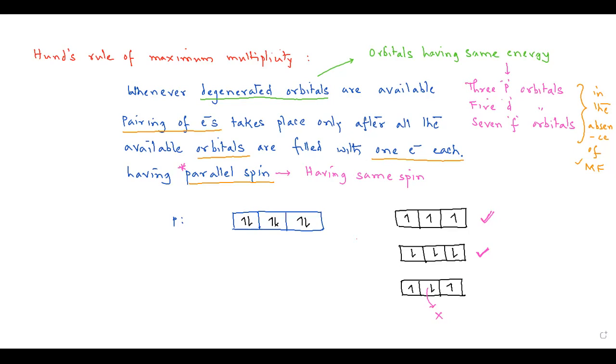Okay. Next. Let us go for the third one that we use in writing the electronic configuration, that is Pauli's exclusion principle. Okay, what is this?